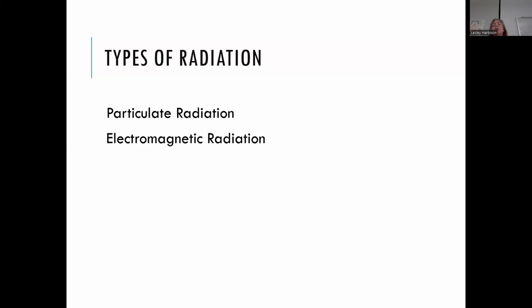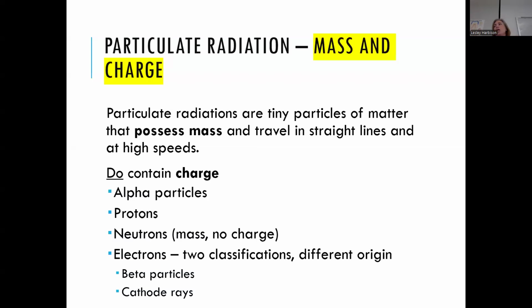So that's the main difference between particulate radiation and electromagnetic. Particulate is a specific kind of radiation that, for one, we're not dealing with when we make X-rays, and for two, it carries a charge. So particulate radiation is very different from electromagnetic because it literally has mass and it carries a charge.